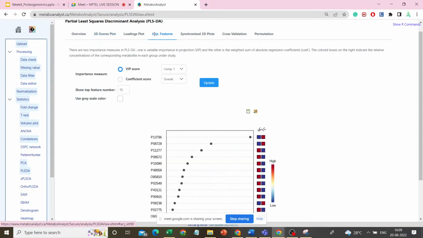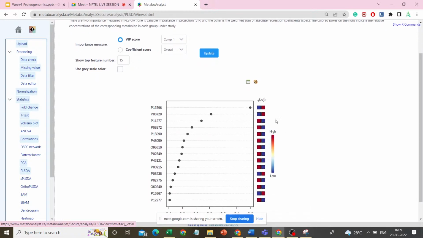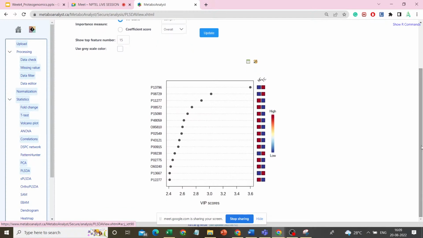Like if you see the important features, here this protein is highly expressed in tumor and low expressed in normal. So this protein's intensity level has a significant difference in the tumor cohort and the normal cohort, and hence it can be a biomarker, or taking a special role in this type of disease, driving the disease condition.